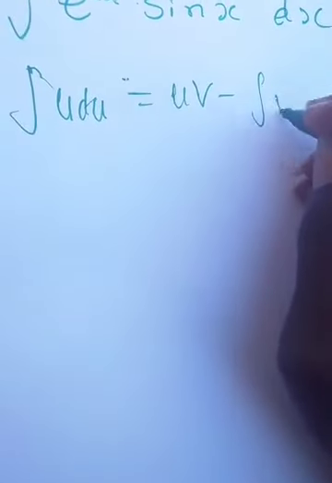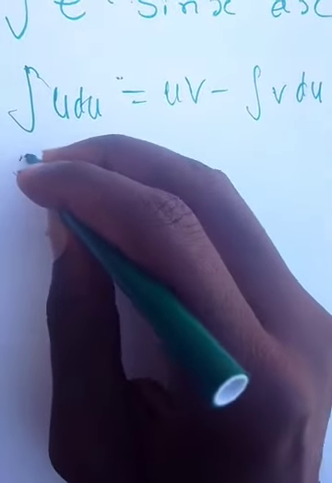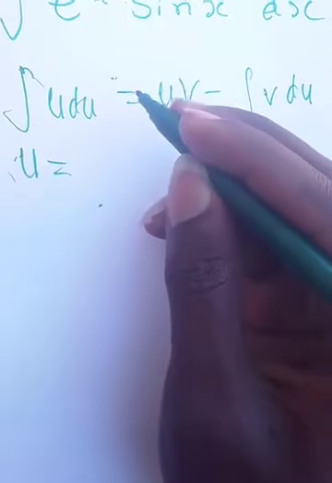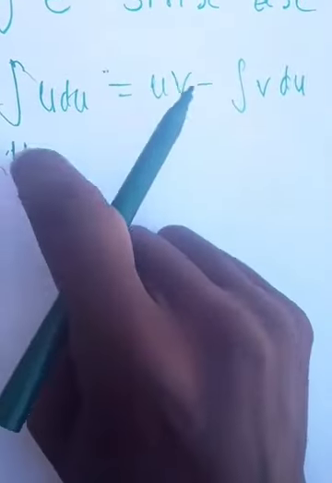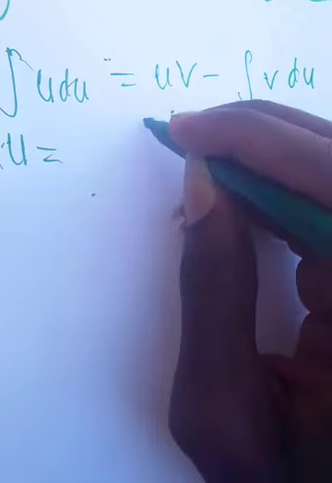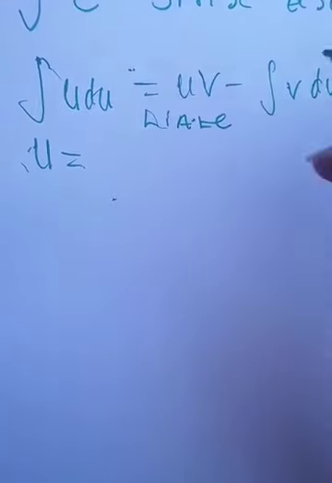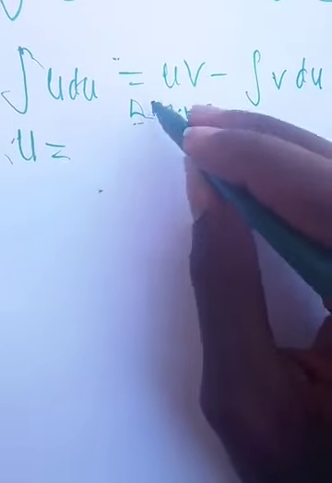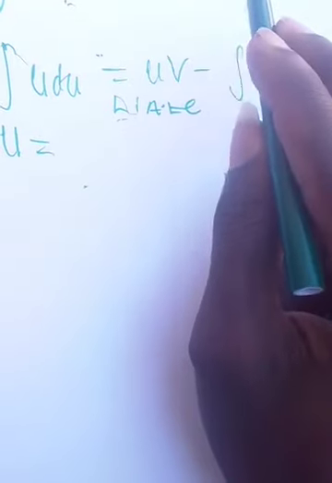Remember this one, right? So now u, in this case, according to LIATE, that strategy that I showed you, the strategy to use to determine the value of u. Let me just write it here. Okay, right here, LIATE. So when you look at the exponential and the trigonometric function, which one is coming first?